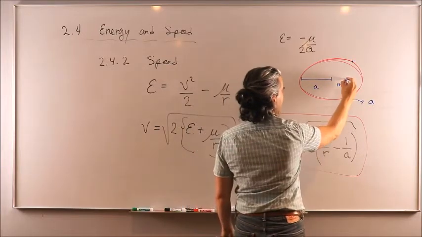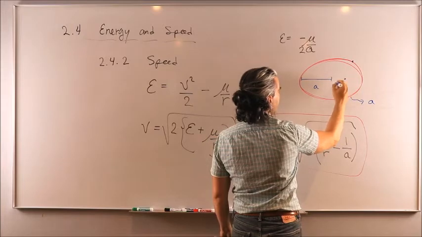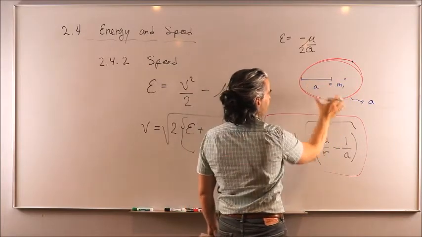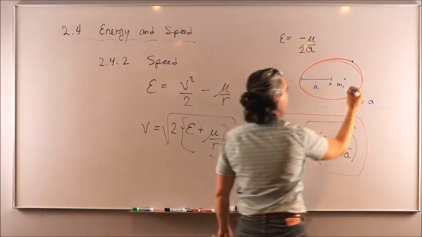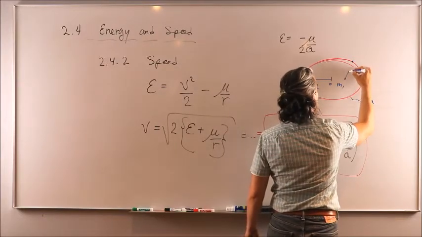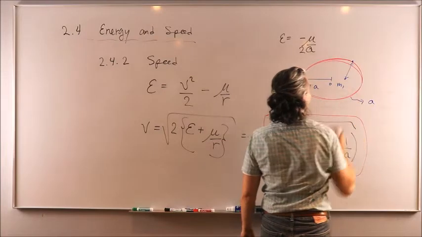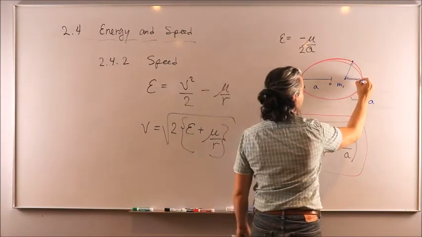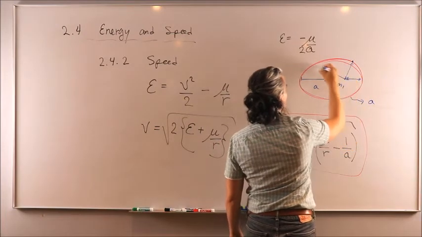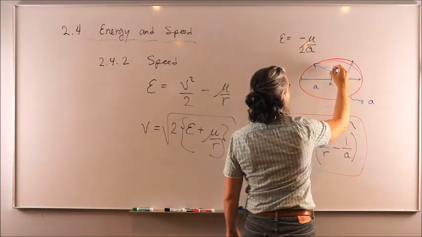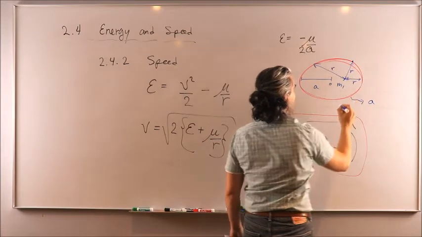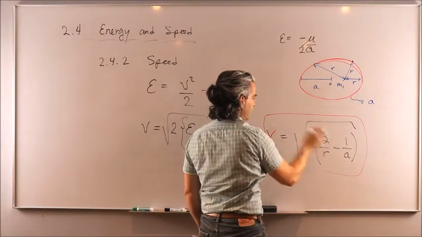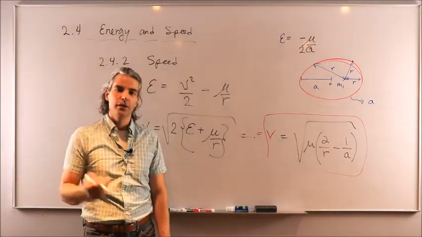Not from the planet, which is here at one of the two foci, but at the origin. Okay, let's call it 0. So that's the size of the orbit through a. Now all you have to determine is at what distance from M1 would you like to calculate the speed. Is it here? Is it at the closest point, at the perigee? Is it over there? Just plug in the distance you are interested in calculating the speed at, and then boom, plug and play, you get the orbital speed.